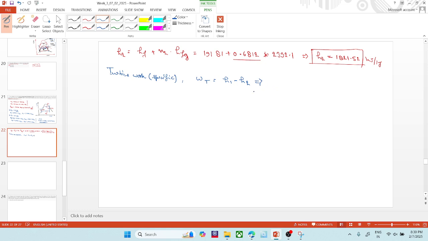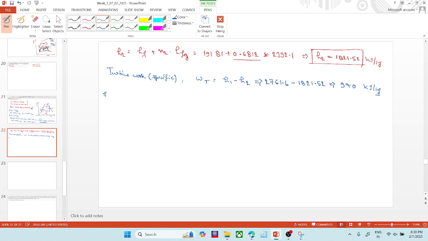H1 value I had 2761.6 minus H2 value I have just calculated, 1821.52. This will give me 2761.6 minus 1821.52, which is 940 kilojoule per kg.